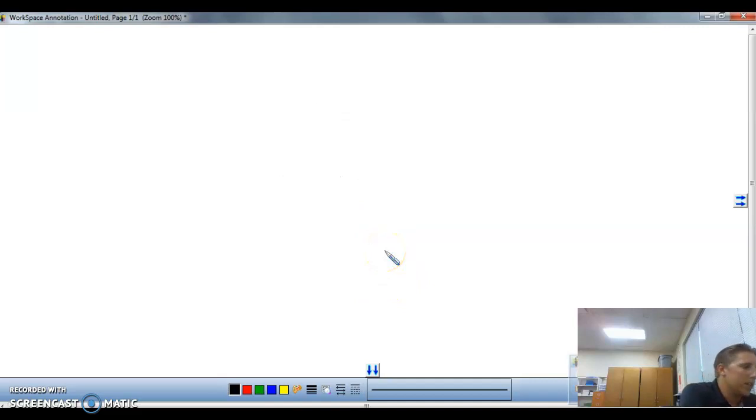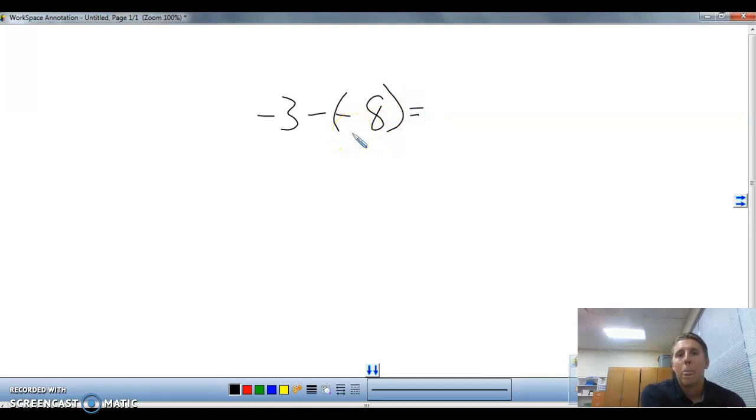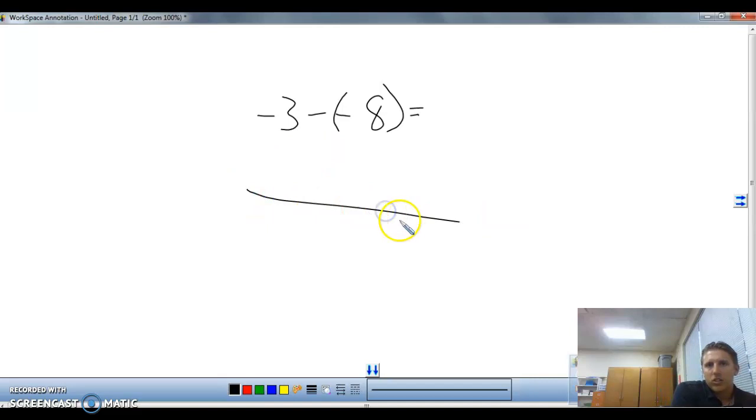Okay, one more example. What if we start with a negative 3, and we take away negative 8? So here, we can use the number line first to just look at it. We'll start at negative 3. Usually if we took away 8, we'd go to the left.